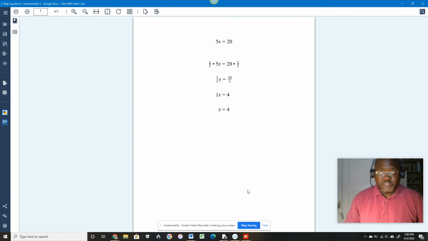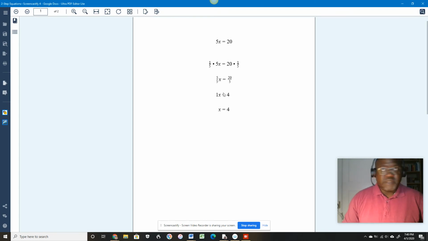So for our equation, 1/5 times 5x equals 20 times 1/5.